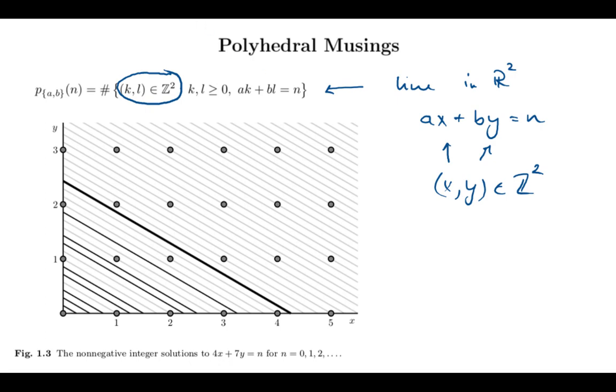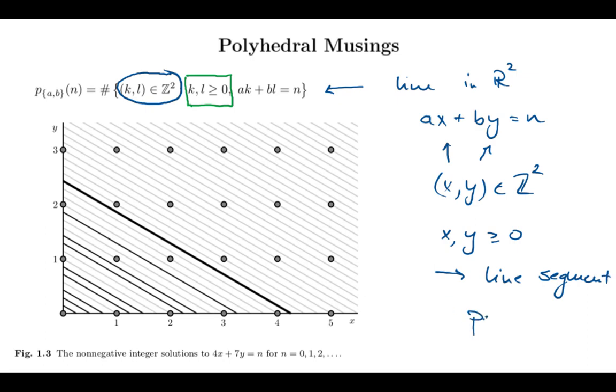So what makes the Frobenius problem hard is this condition over here, that I want my solutions, which up here I'm calling k and l, and in the geometry I would call x and y, to be non-negative. If we now say x and y are non-negative, then really what we're looking at is not a line, but a line segment.